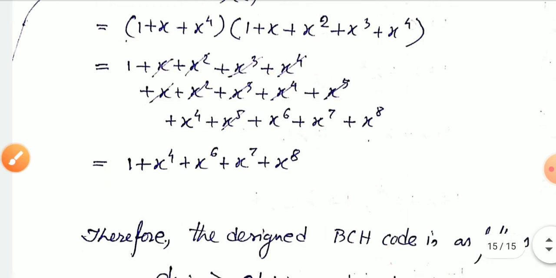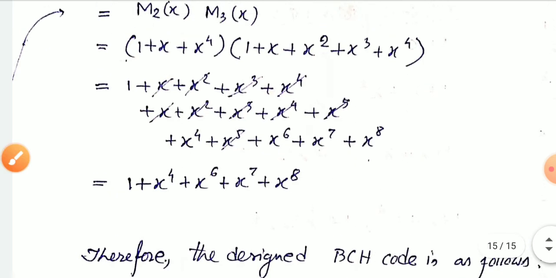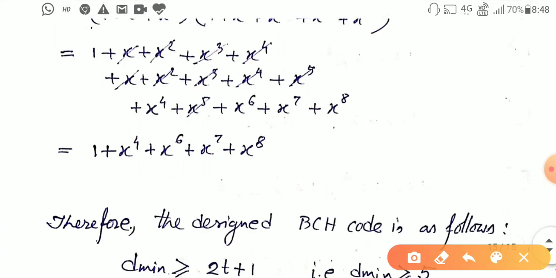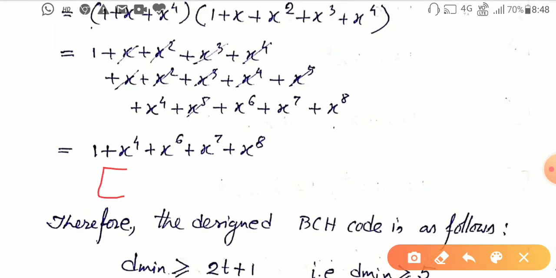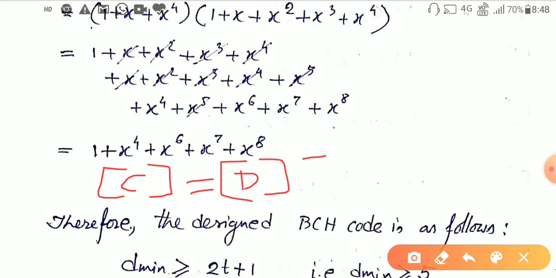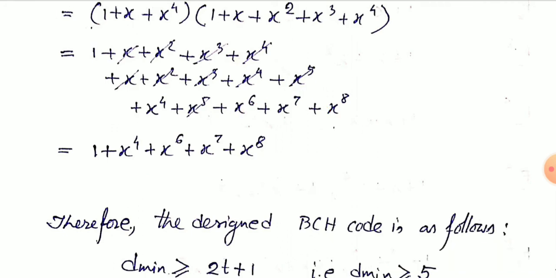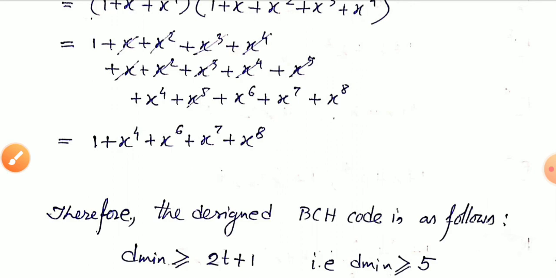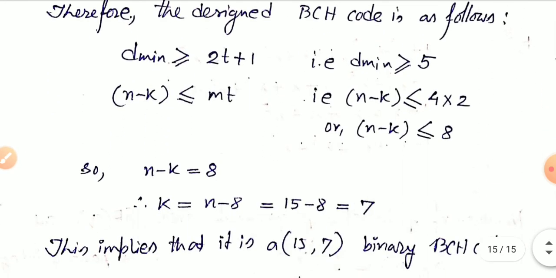So if you know the value of g, then the code word can be obtained, using the formula c equals d times g, where d is the data or message matrix and g is the generator matrix. From the generator polynomial you can get the generator matrix, and if you multiply with the message bits, the code word can easily be obtained for this (15,7) binary BCH code.